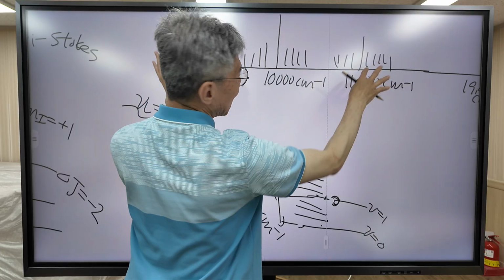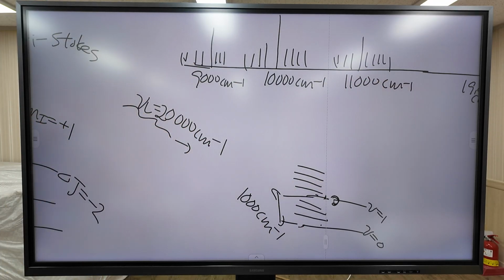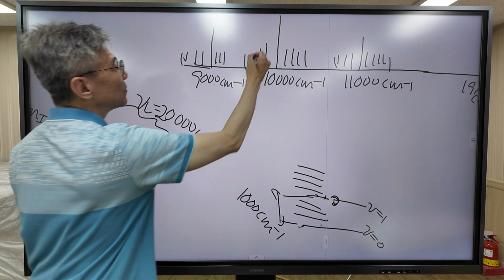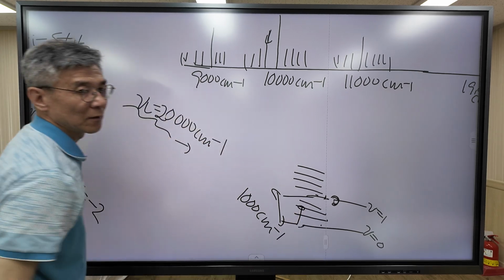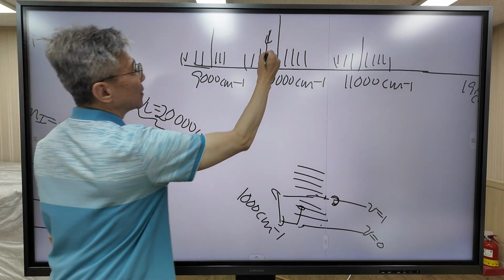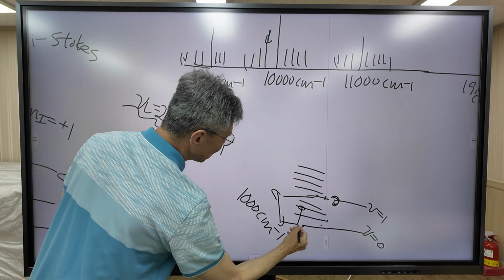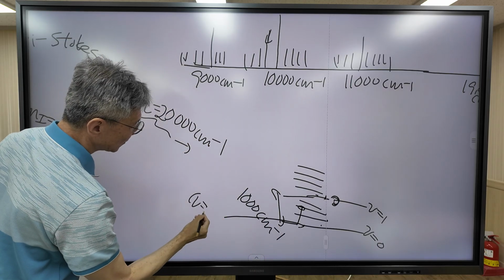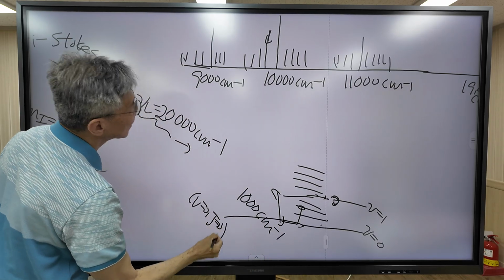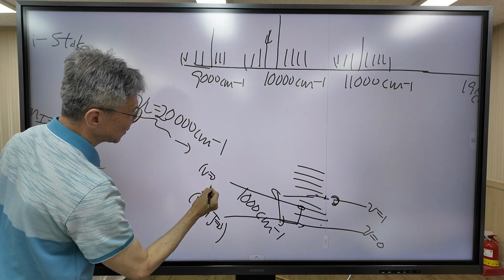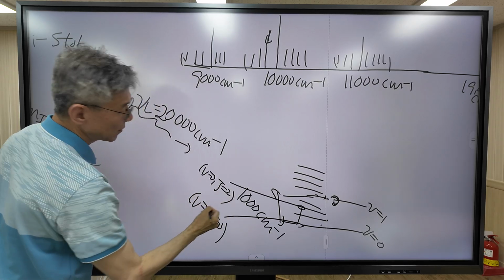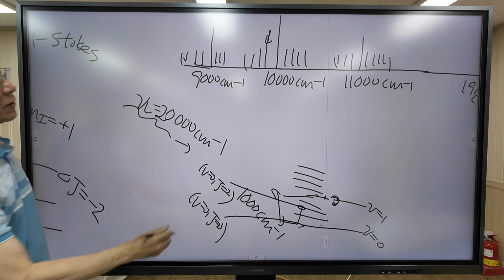This is the full Raman spectrum. First, what does this peak correspond to? This peak corresponds to this one. Initial state is V equal 0, J equal 0, and final state is what? V equal 0, J equal 2. The first peak.